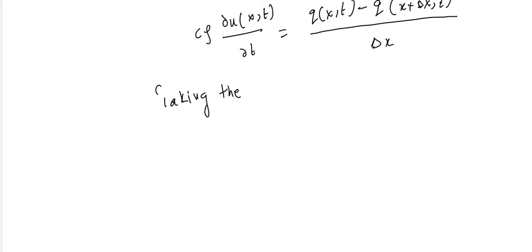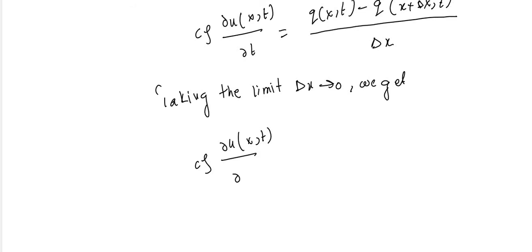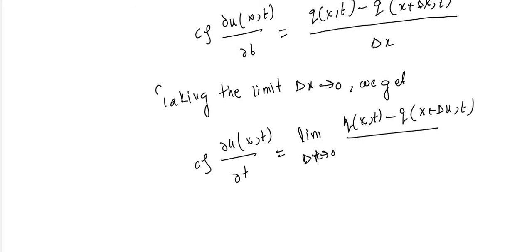Taking the limit delta x approaches 0, we get delta u(x,t) divided by delta t equals the limit as delta x approaches 0 of q(x,t) minus q(x plus delta x, t) divided by delta x.